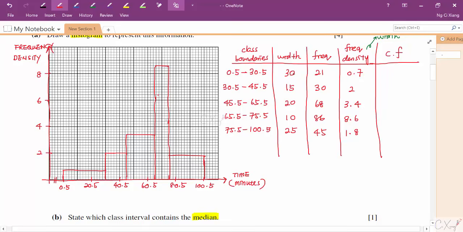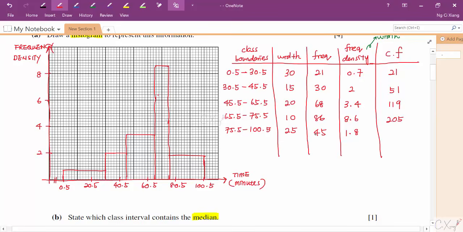For cumulative frequency, the first one that we have is 21. Then the cumulative frequency for the second interval will be 21 plus 30, which is 51. Then plus 68 again, I will have 119. Then plus 86, I'll have 205.